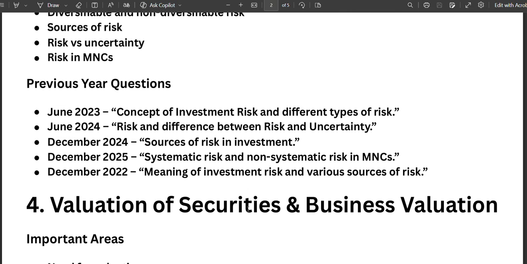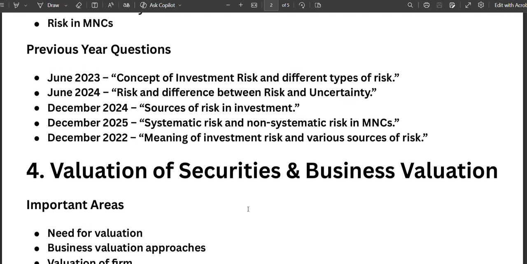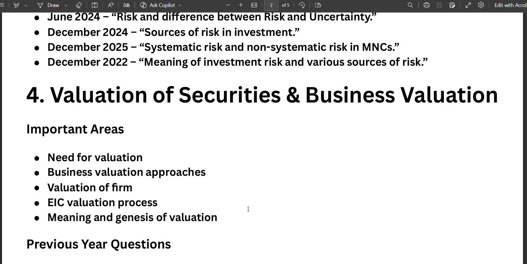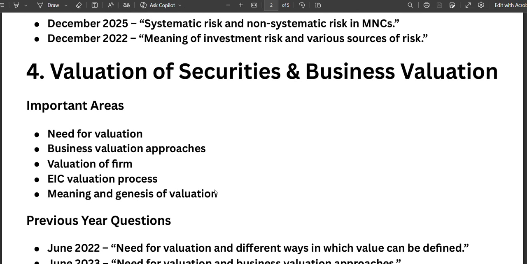The next section, which is very important, is valuation and cost of capital. One of the most important units is valuation and cost of capital. Topics repeatedly asked are need for valuation, business valuation approaches, valuation of a firm, and the EIC valuation process.